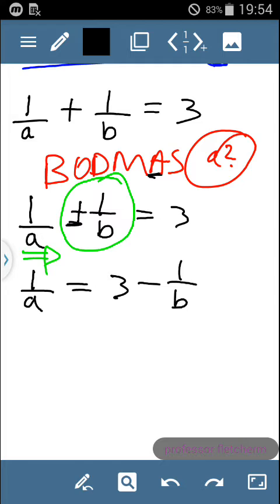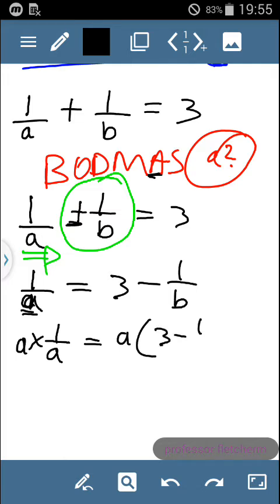Interesting. So now for us to remove the A, sorry, this is supposed to be an A. The A that is below there, we multiply both sides by an A. So we have A times 1 over A is equal to, what we do that, we do also on the other side, A bracket 3 minus 1 over B, like that.